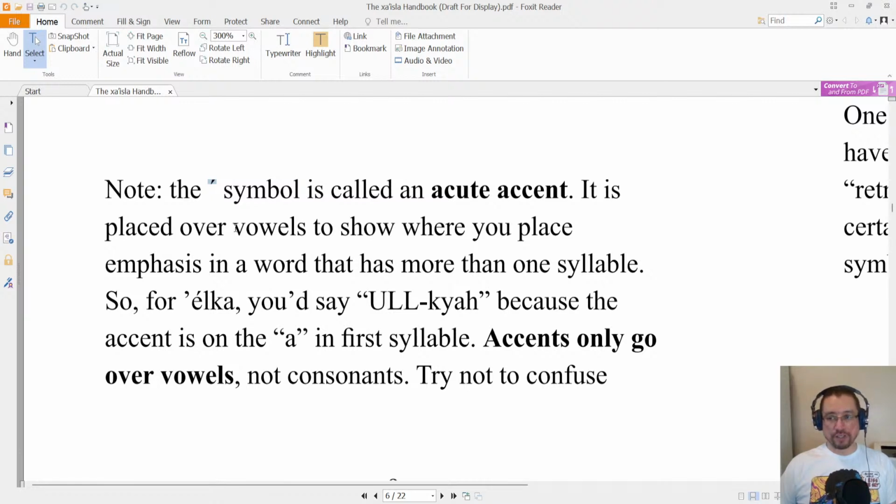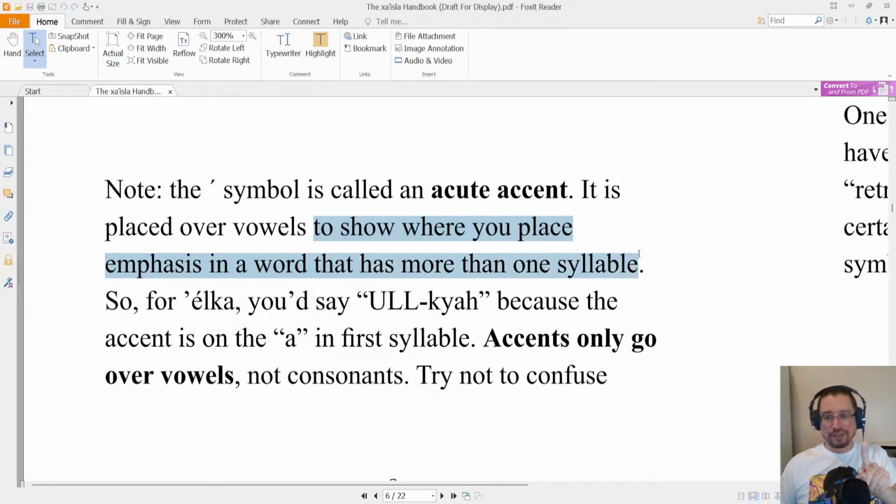If you do see it, then it's incorrect. The correct use of the acute accent is on top of vowels only. And they're placed over vowels to show where you place emphasis in a word that has more than one syllable. This is also very important to keep in mind.